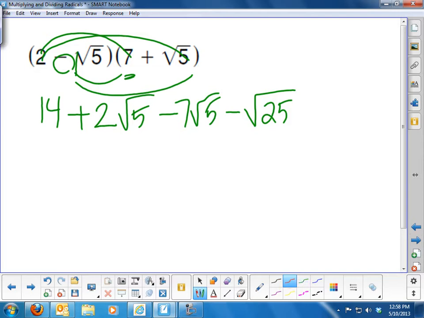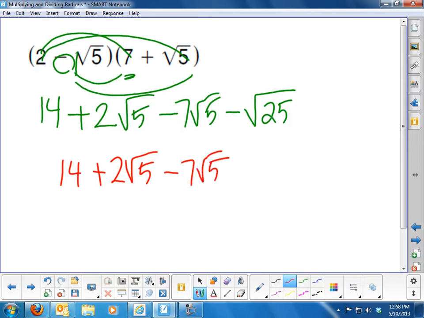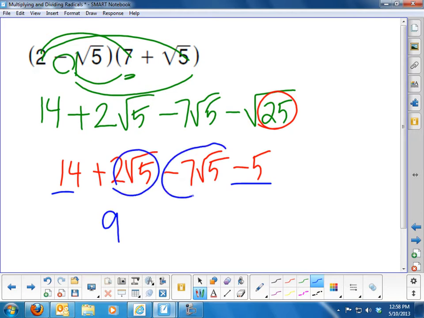Now let's clean it up. I can't simplify 14 anymore. 2 square roots of 5 cannot be simplified anymore because 5's a prime number. 7 square roots of 5 can't be simplified anymore, but this can. The square root of 25. 25 is a perfect square, so that gives me 5. Now let's combine what like terms we can. 14 can combine with the negative 5. 14 minus 5 gives me 9. 2 square roots of 5 minus 7 square roots of 5.